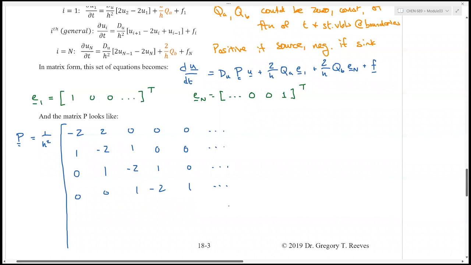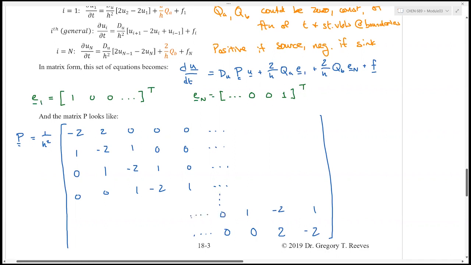Finally, if we skip down to the final 2 rows, let me draw the end brackets of the matrix so I know where I am. The final 2 rows, you have a -2 in the final element, a 2 before that, and then zeros before that. In the row above that, you have a 1, a -2, and a 1.